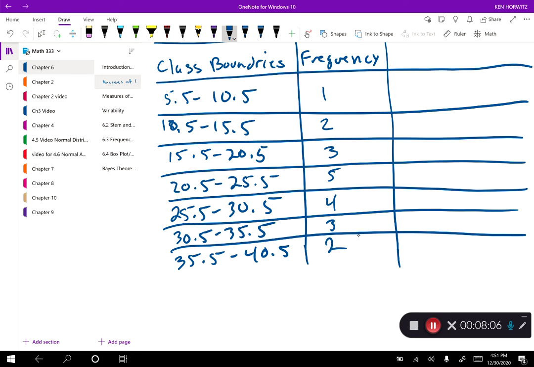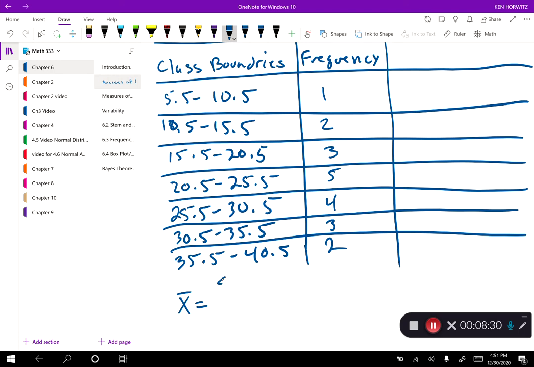So we lose the actual values, but we're able to group the data in a more aesthetically pleasing fashion. Now, if I wanted to get the mean for this data, x bar, I would have to do something a little bit different. I couldn't add up all the values because I don't know what the values are.